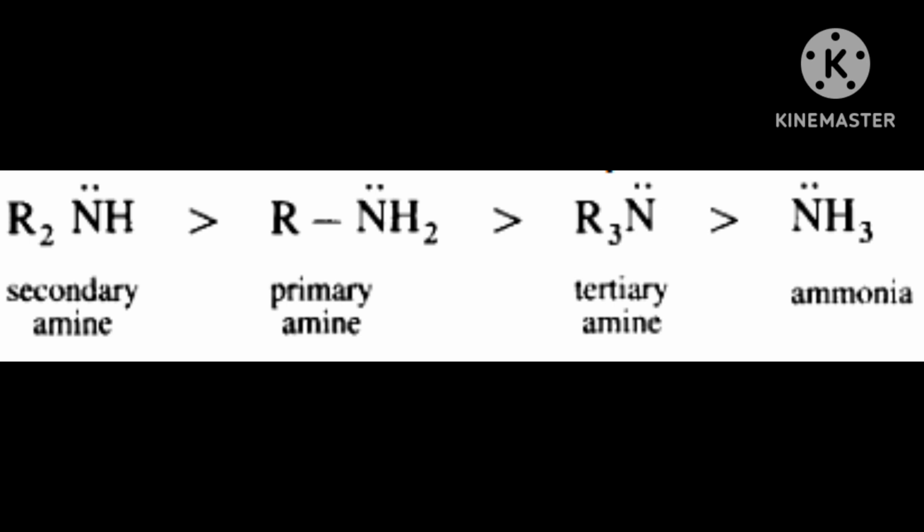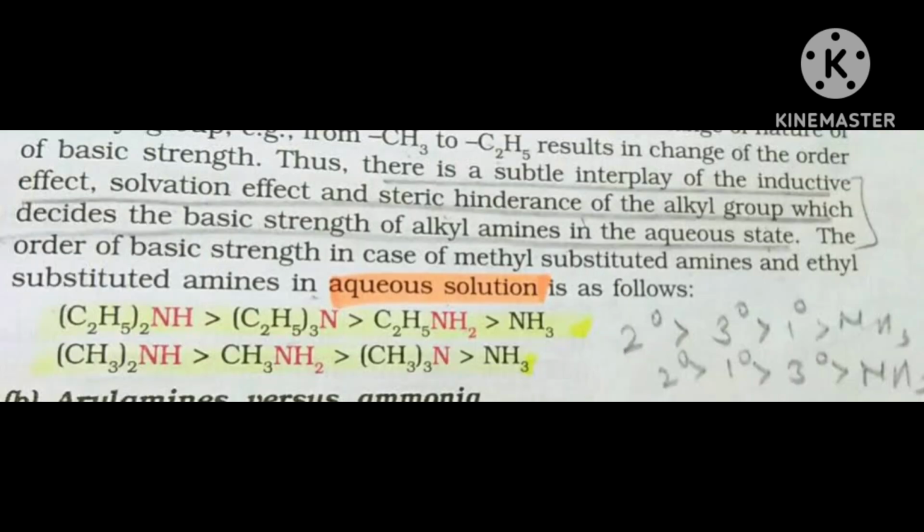In case the alkyl group is bigger than CH3, there will be steric hindrance to H bonding, because the size will be big. Then H2O can't make a bond with H.